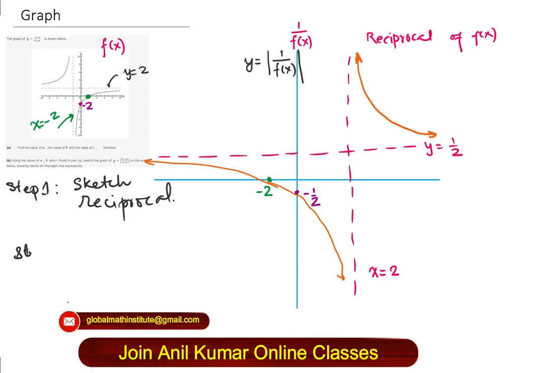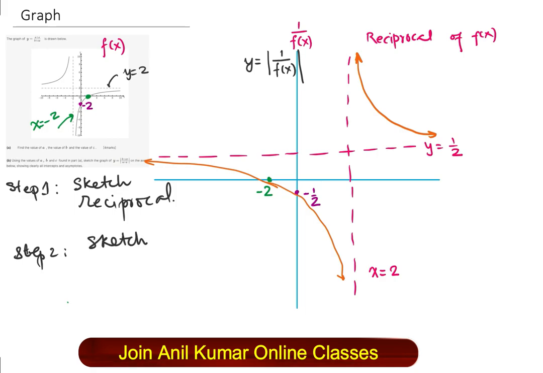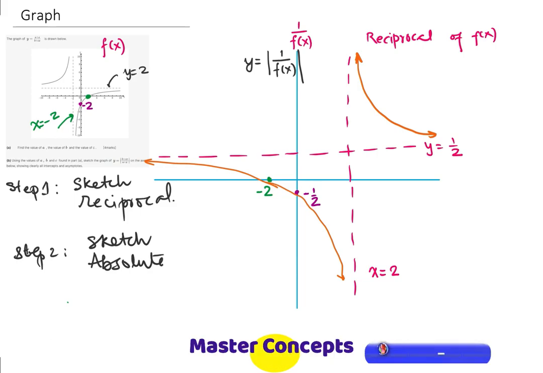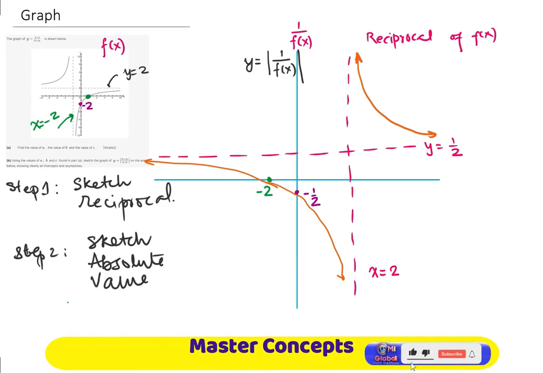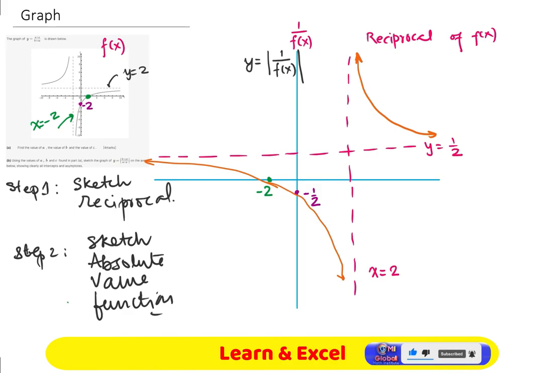And in step 2, sketch absolute value. Make sense? If you know this, then you're always right.